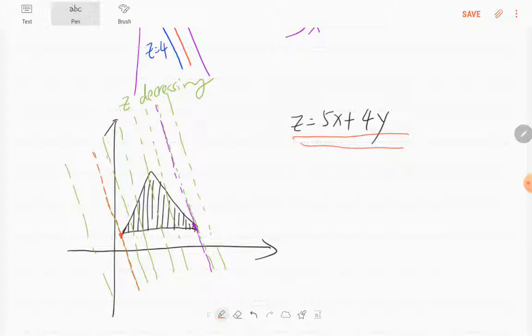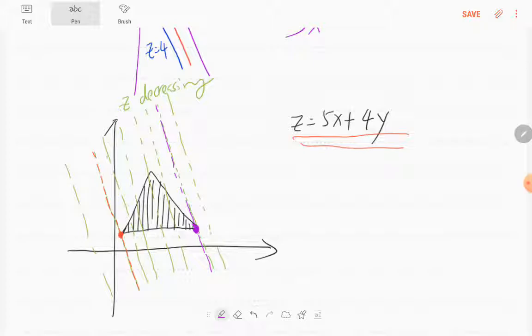So this is the boundary. This is the greatest z value. This point on the red line gives you the smallest z value, and this point on the purple line gives you the largest, so this point is the one that makes z the greatest number.